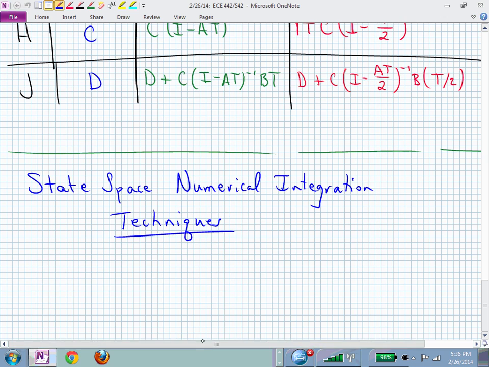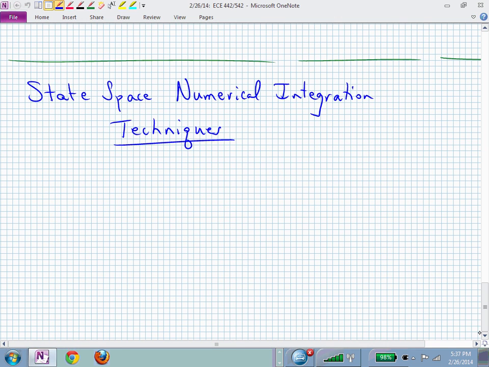So let's look at the two different columns that I suggested we might try, which are state space numerical integration techniques. And let's just look at the forward one first.